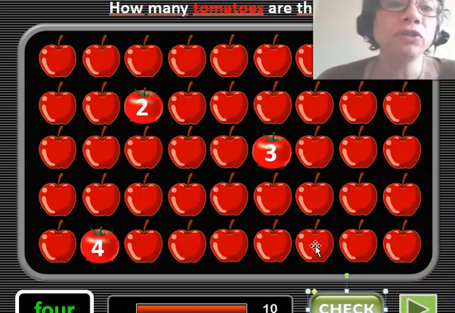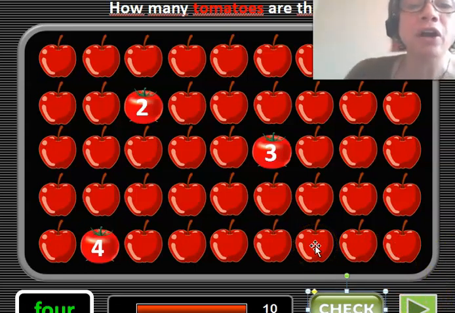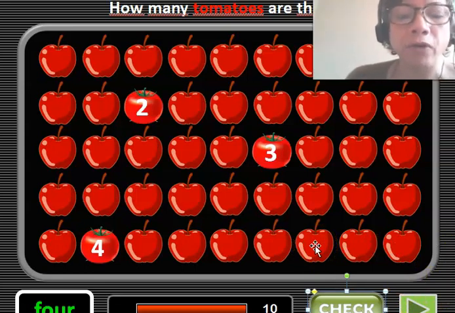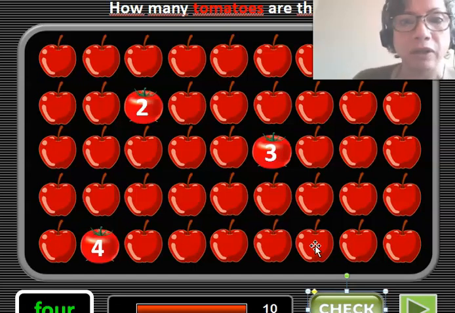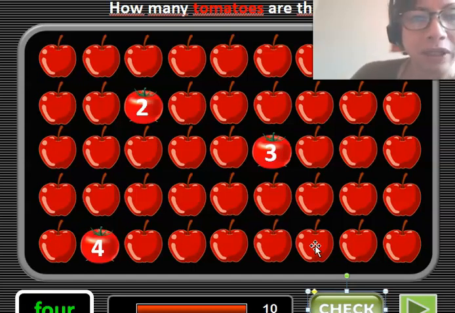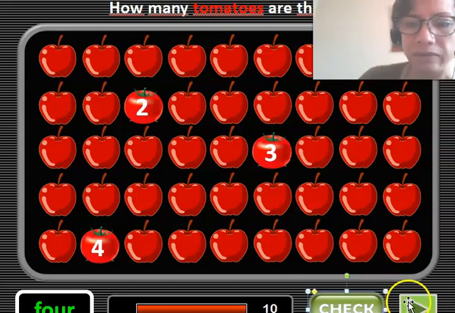So if we're talking about plural, we say there are 4 tomatoes. If we were talking about only 1 tomato, we would say there is 1 tomato. Okay, so let's repeat. There are 4 tomatoes, or there is 1 tomato. Let us continue.